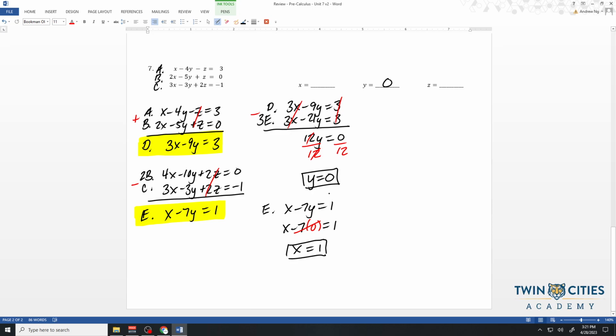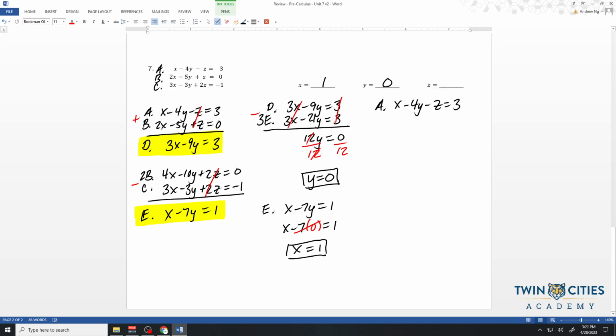Lastly, once I've solved two of the variables, I'm going to take those two and plug them into one of the original equations. So I can pick equation A, looks to be the easiest one. So A is x minus 4y minus z is equal to 3.